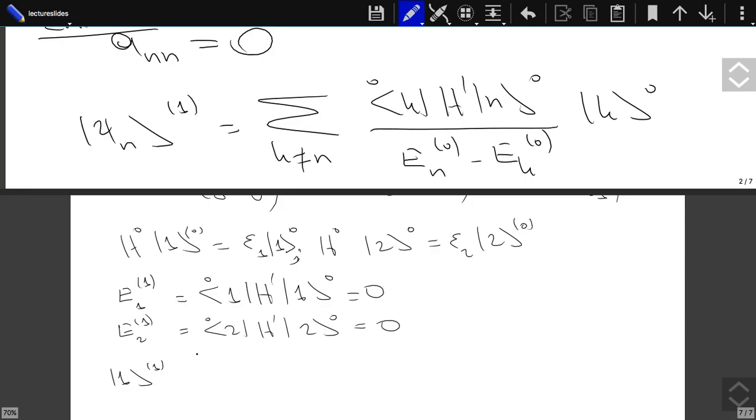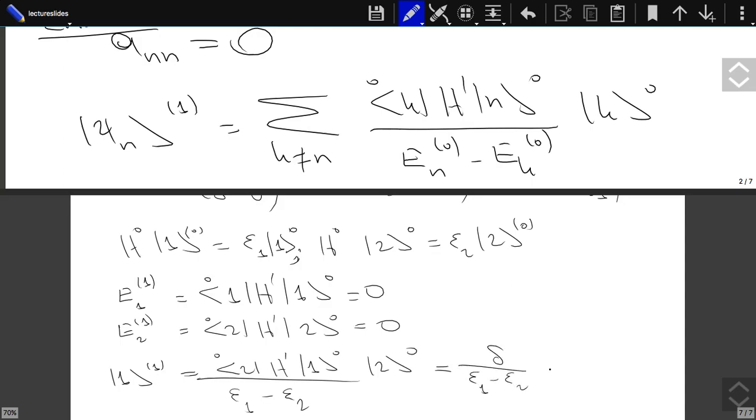So k should be 2: the bra of 2^(0), H prime, ket of 1^(0), times the ket of 2^(0), divided by E_1^(0) minus E_2^(0), which is epsilon 1 minus epsilon 2. That matrix element of H prime is just delta, so this is delta over epsilon 1 minus epsilon 2, times the ket of 2^(0).